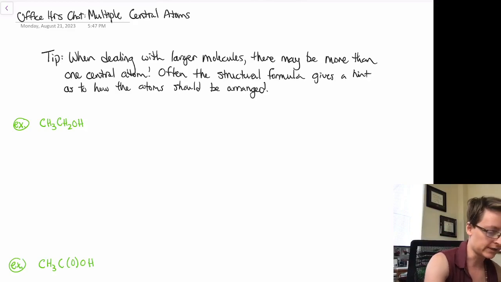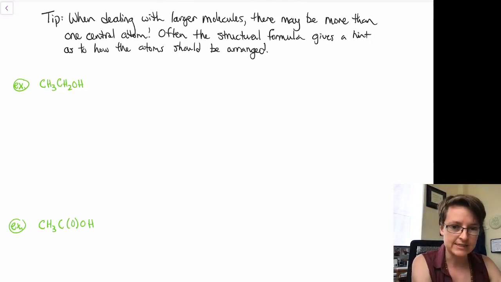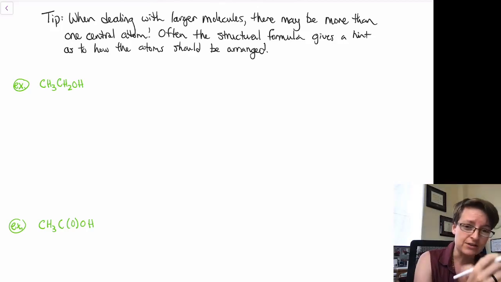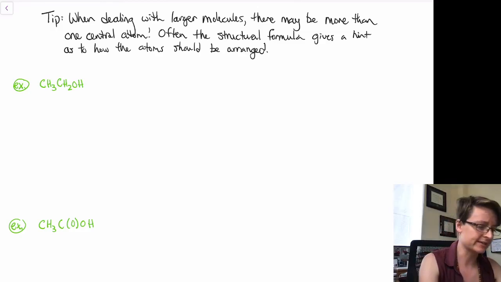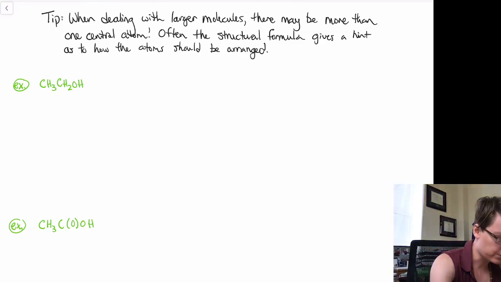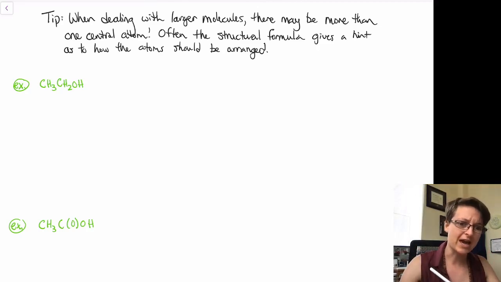Okay, so let's start off with our first example. This is CH3CH2OH, better known as ethanol, even better known as booze. This molecule might seem intimidating at first because there's a lot of atoms going on. It's hard to know what the structural formula is. But structural formulas are often written to show you how the atoms are lined up.